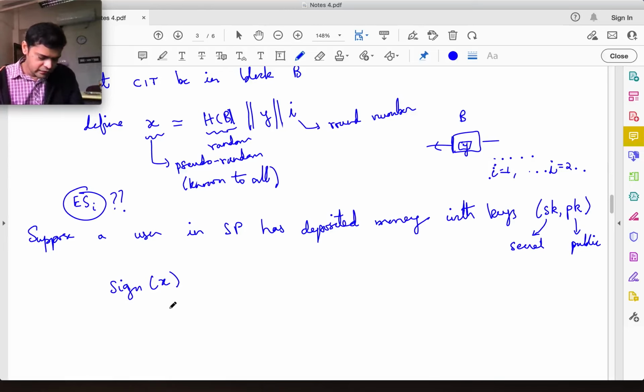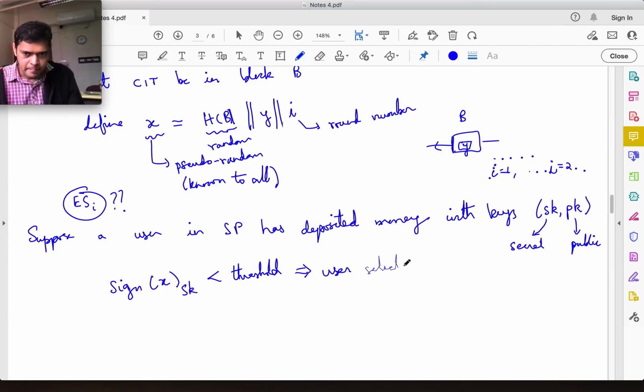So if this signature, so he signs with the secret key, if this is less than a threshold, then the user is selected in this execution set.